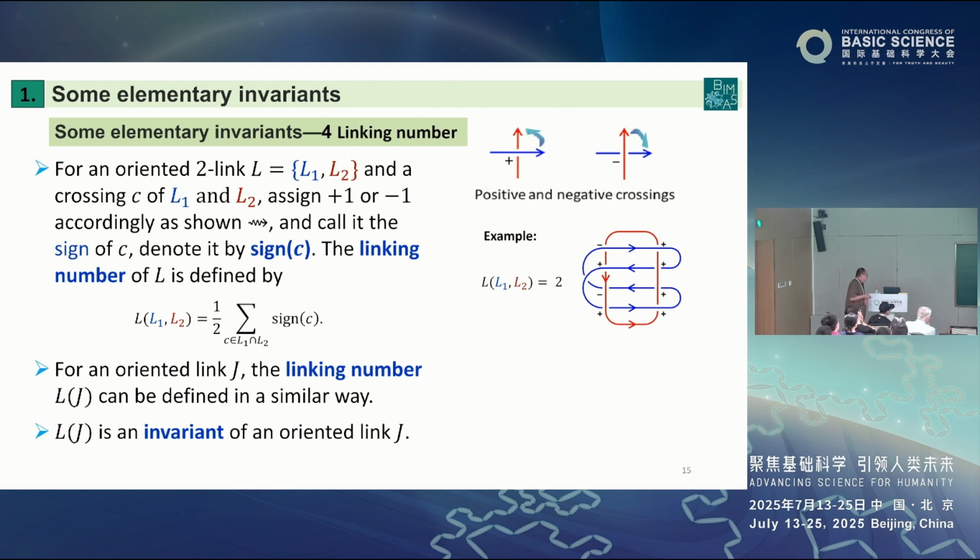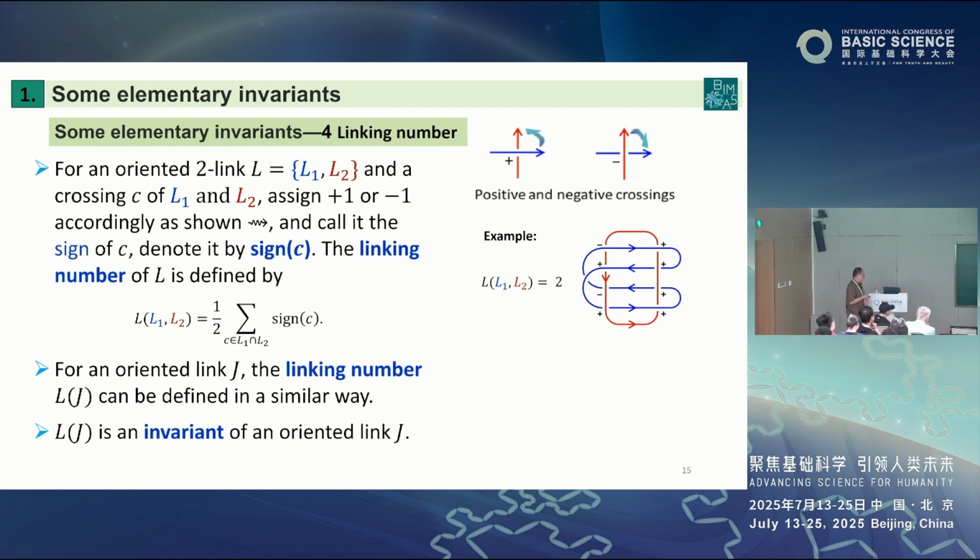For the oriented link L, the linking number can be defined in a similar way. So this is defined for two components. We can similarly define it for more components.